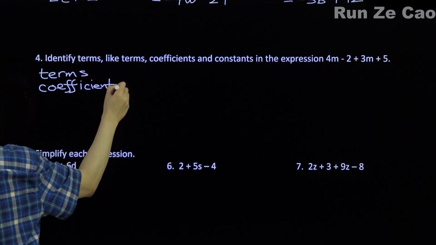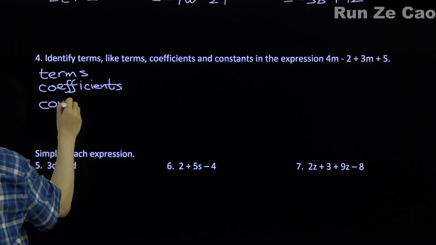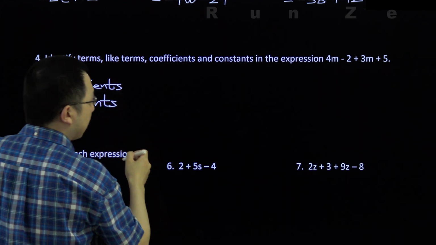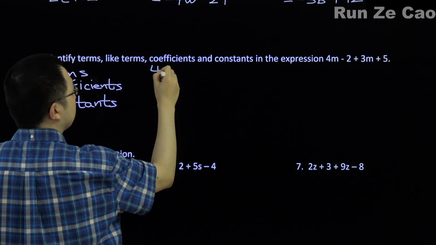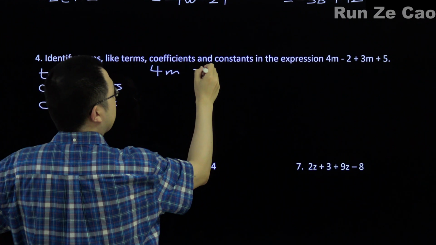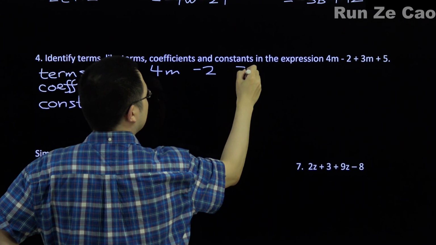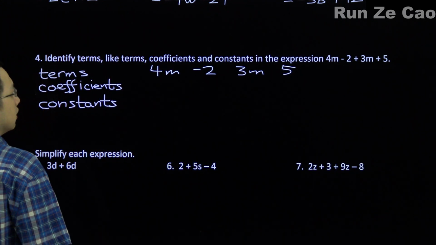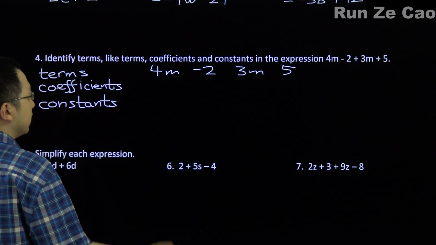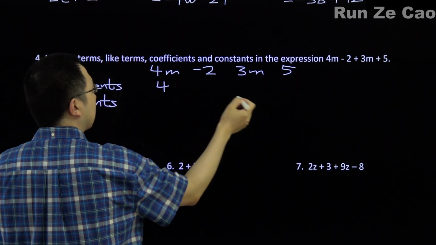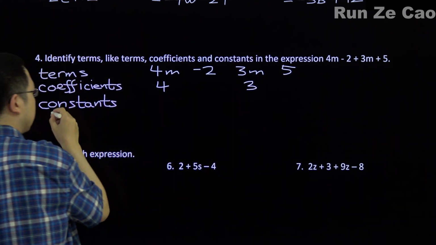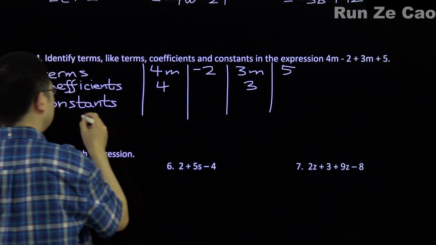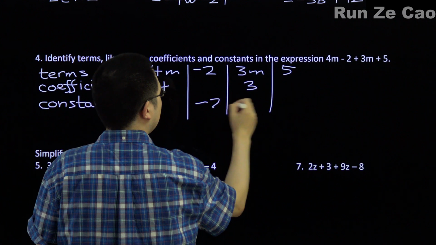You can make it a table by going terms: 4m, negative 2, 3m, and 5. So, the coefficients are 4 and 3, whereas the constants would be negative 2 and 5.